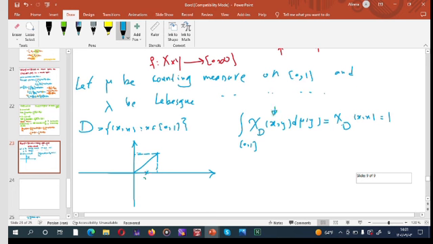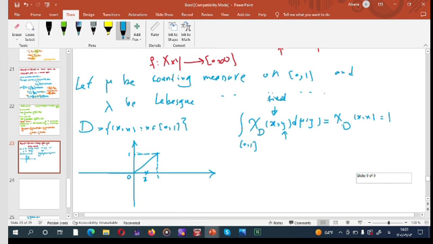For example, this is our x, and this function by this variable is fixed, and this is our variable y.